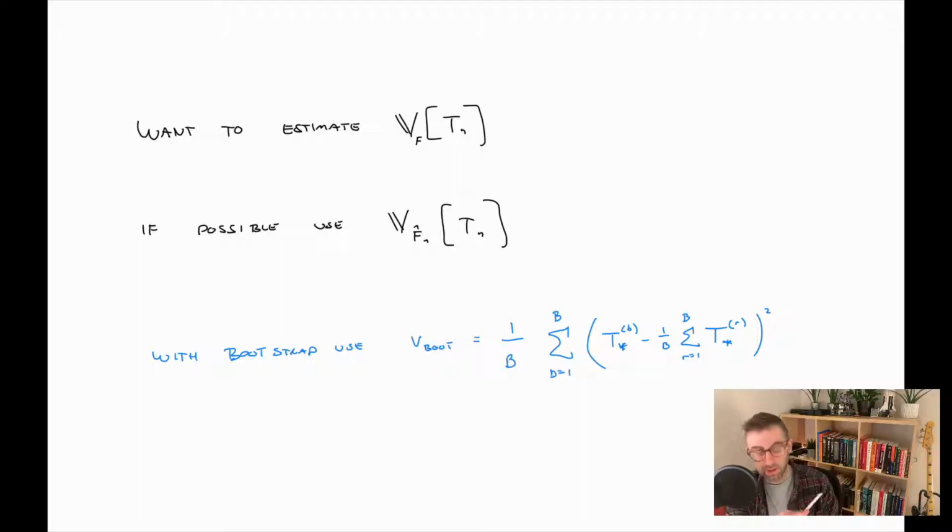To do so, I would need to know the sampling distribution, which often we won't. So one way we often deal with this is that we estimate it. What I've denoted here is, if you do the expectation with respect to f hat instead of f, well, that's the plugin estimator.